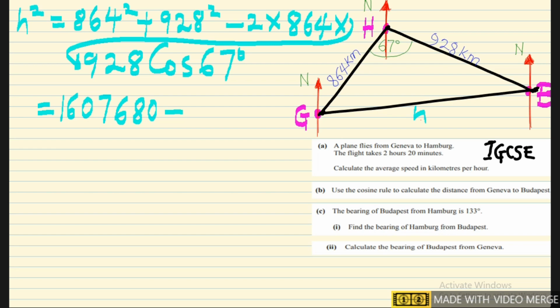Minus, then we compute 2 times 864 times 928 cos 67.